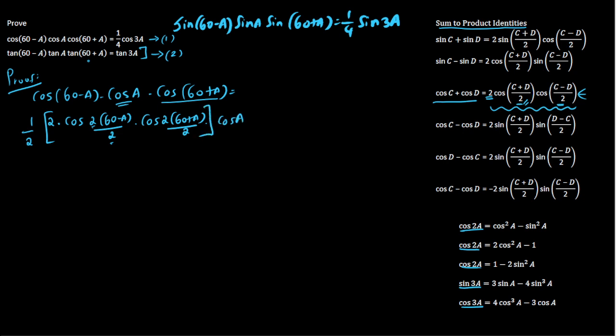So we have transformed it a bit to make it look like the right hand side of this sum to product identity. So 1 by 2.